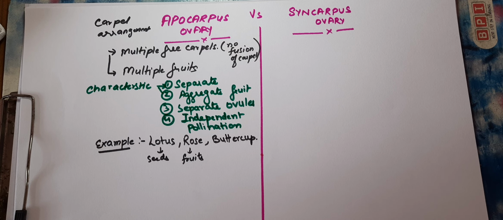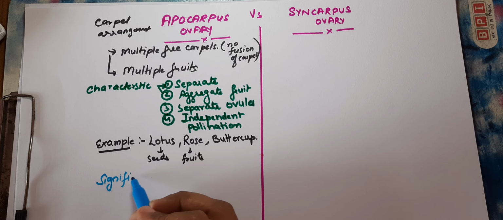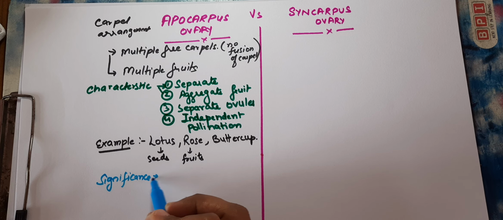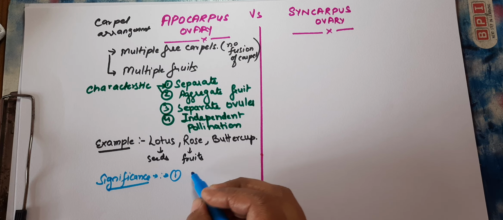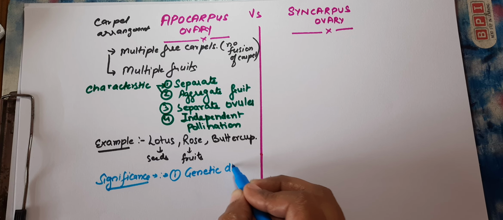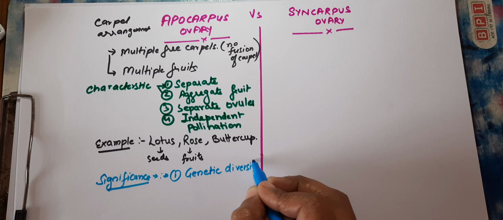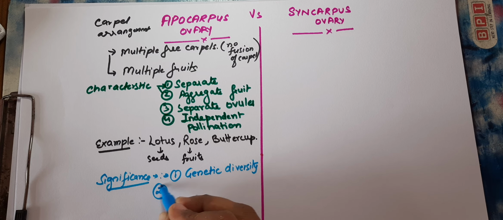And if we talk about the significance of the apocarpous ovary, since each carpel functions independently, it will lead to greater genetic diversity in terms of seed formation. The second significance is in terms of pollination adaptation.